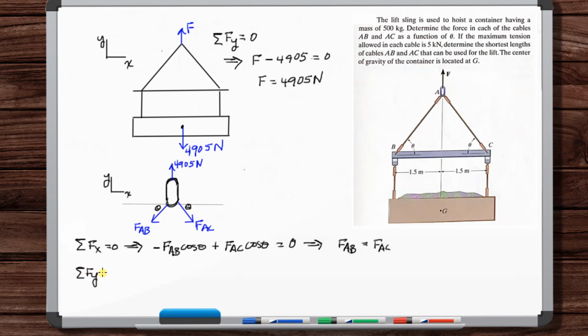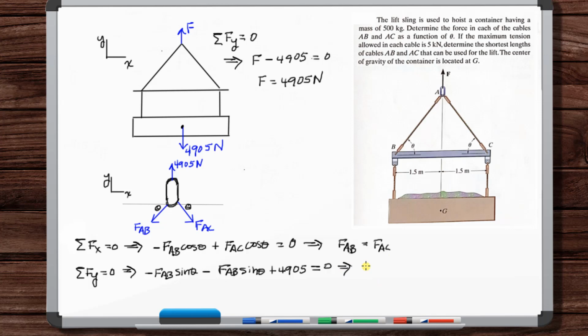So now let's sum the forces in the y. This also must be equal to 0. So minus FAB sine of theta, and then minus FAC, but let's just go ahead and substitute in FAB for FAC. FAB sine of theta, okay, now plus 4905, right, is equal to 0.